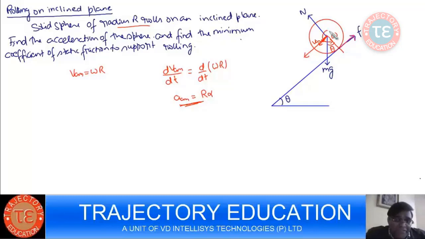See, what is the objective of friction? The objective of friction is to oppose the tendency of relative motion, and it will be successful in achieving this objective if the point of contact remains at rest. And how can it remain at rest? If VCM equals omega r and if ACM equals R alpha.